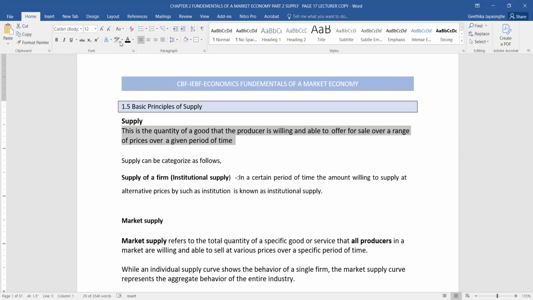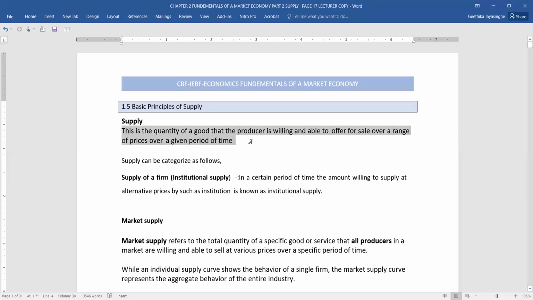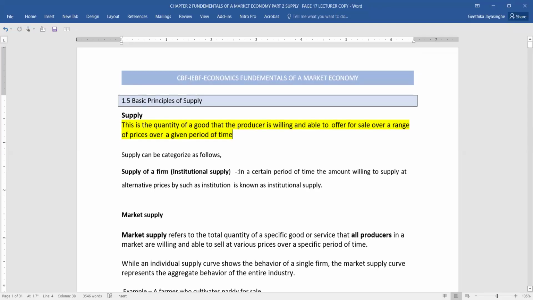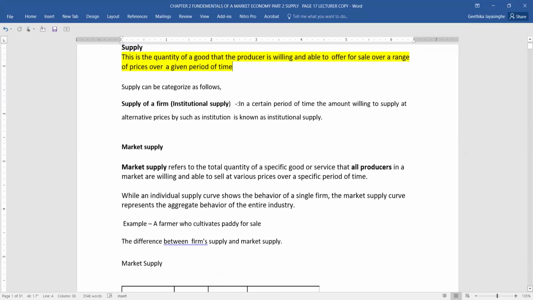Now we are talking about the suppliers, right? There can be two types of supply. One is firm supply, the other is market supply.